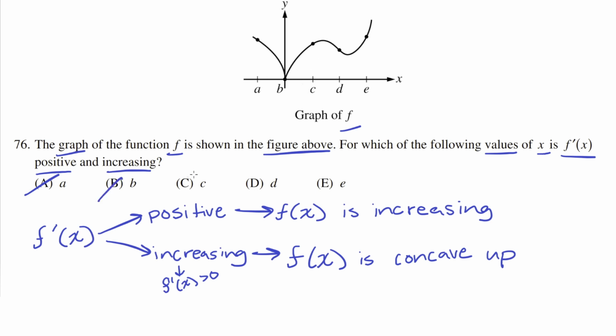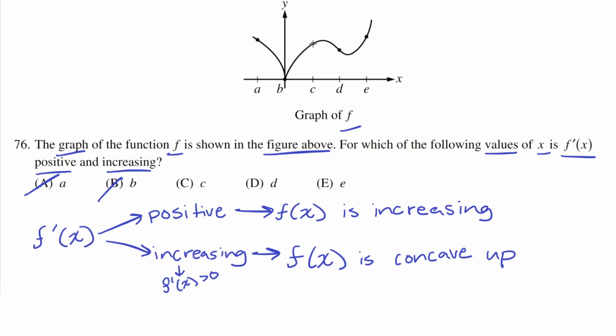So B cannot be the answer. In fact, you would say this is a point of inflection because on the left-hand side, we actually have concave down, and on the right-hand side, we still have concave down, but the value of our f second derivative has changed at this corner.